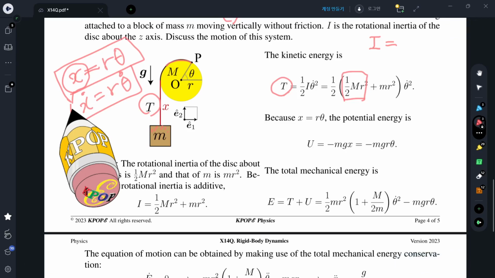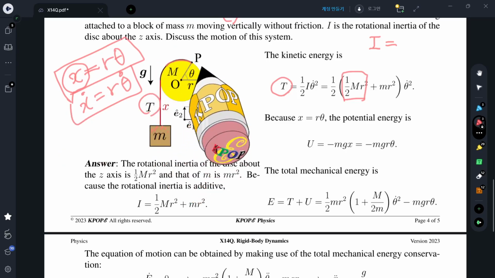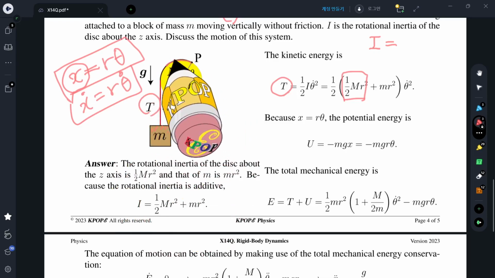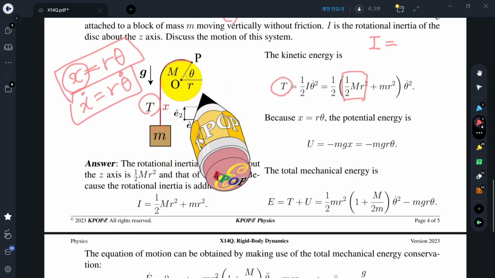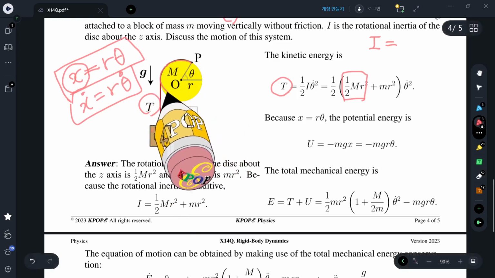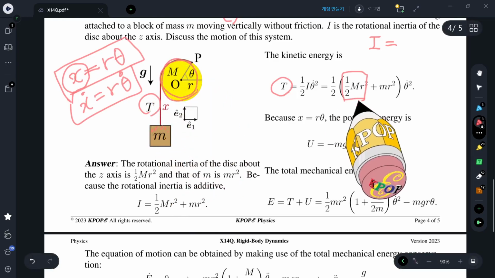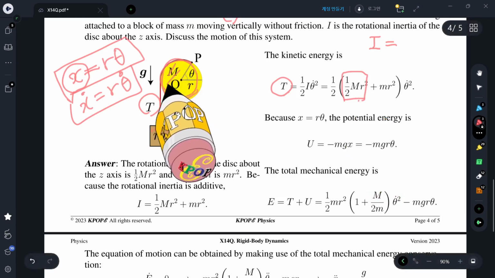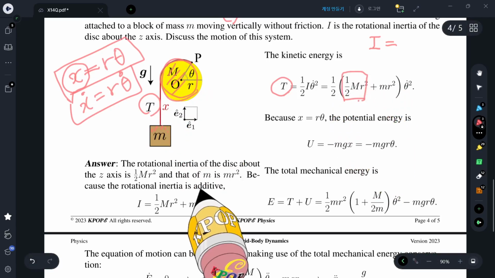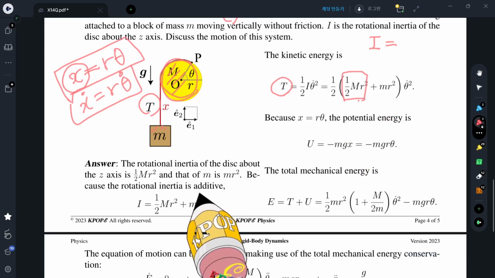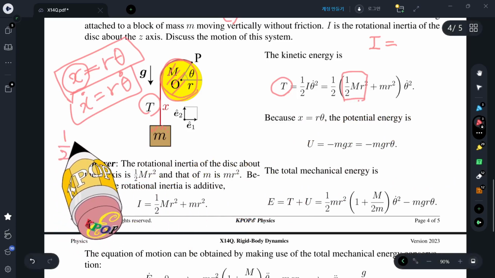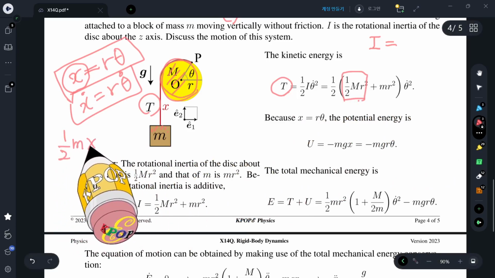I'd like to know what the kinetic energy is if I treat everything altogether as a rotational motion. Yes, it is rotating like that. We have this disk whose rotational inertia is 1/2 mr squared. Uniform disk has 1/2 mr squared. And then we have 1/2 small m x dot squared.